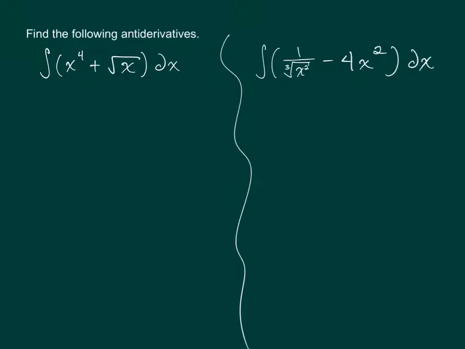This happens so we can distribute the dx to both of these terms, so we can find the antiderivative of x to the fourth dx and the antiderivative of the square root of x dx.